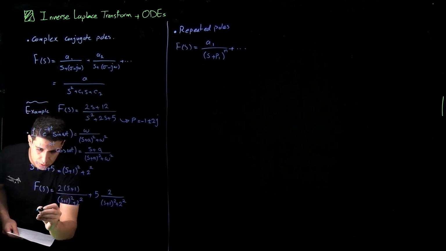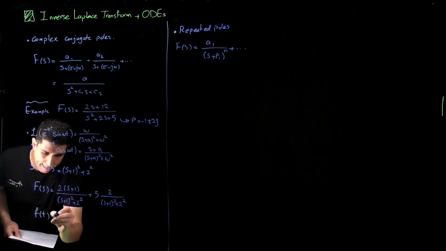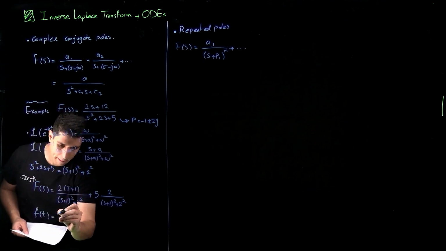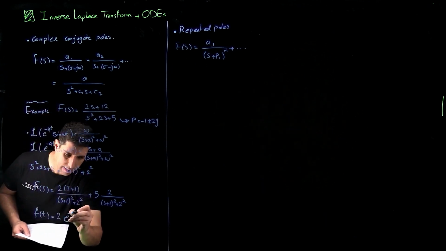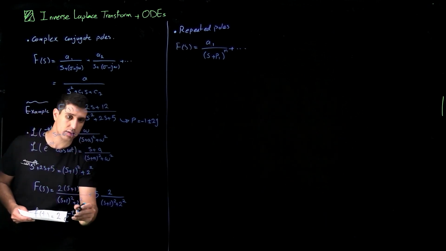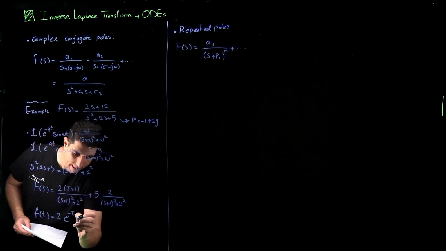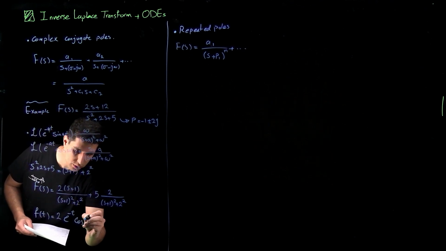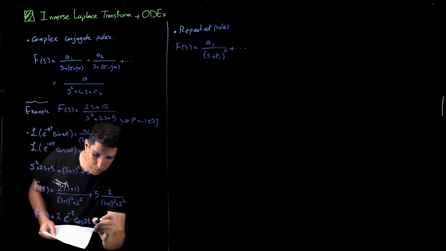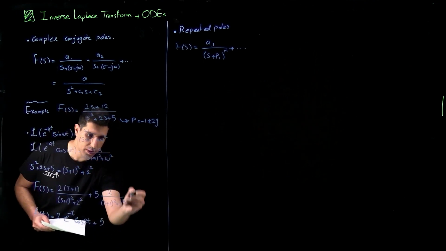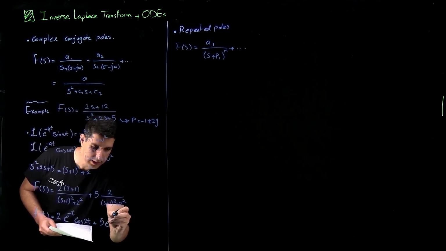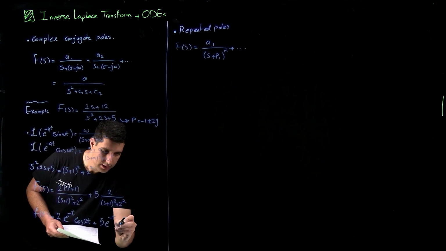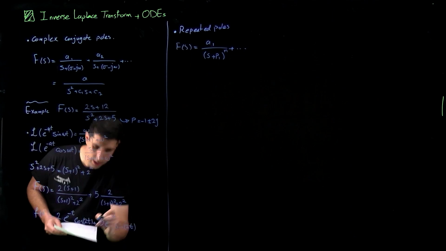So the inverse Laplace transform, f of t, is going to be 2 e to the minus t, because a is 1, times cosine of 2t, since our omega is 2, plus 5 times e to the minus t sine of 2t, the sine version.